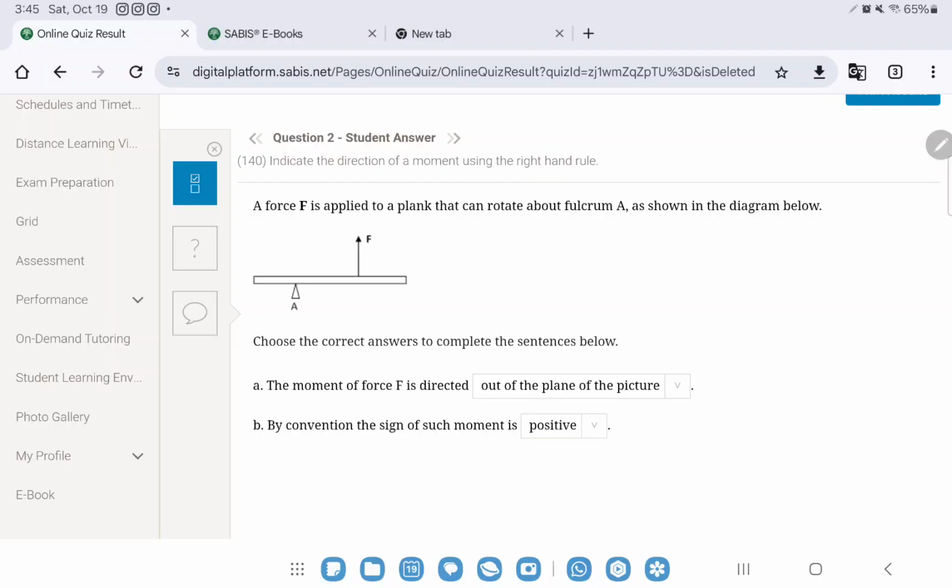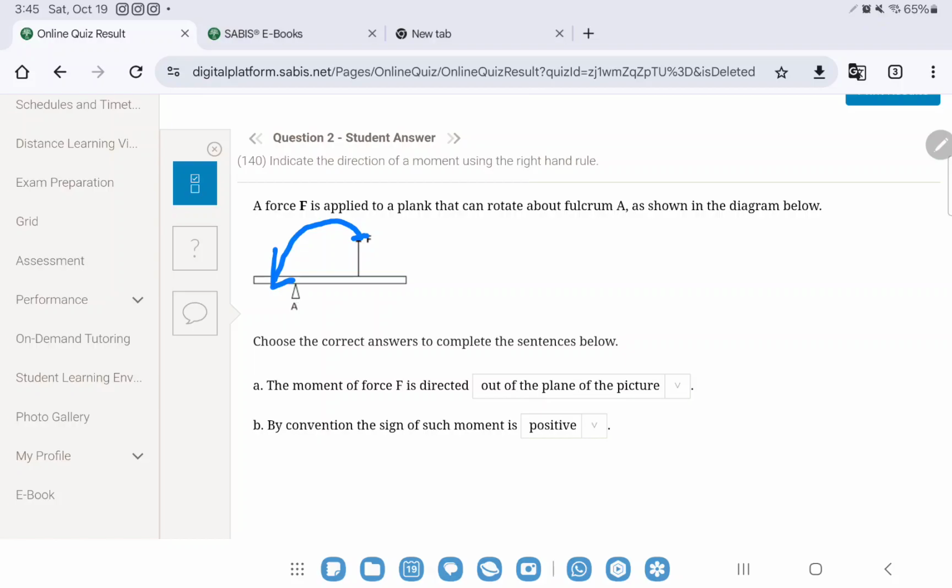So, okay, this question is telling us that you have a force F and it's applied to a plank and can rotate about a fulcrum A. So now it's asking us that the moment of force F is directed. Now for this, we need to do a right hand rule. Or if you actually can't do right hand rule, even though I always prefer to do a right hand rule, draw this and connect it to where the fulcrum is.